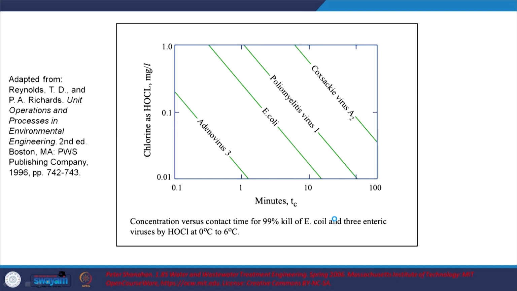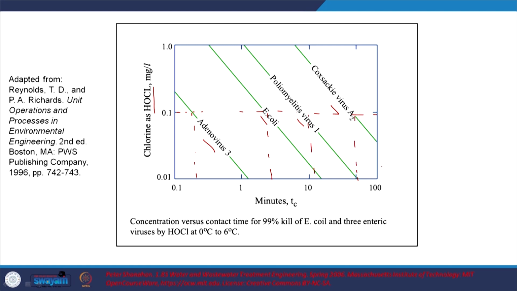So, move on. Here we see the other aspect, where we are just looking at HOCl in the context of its effectiveness against different kinds of pathogens: virus, E. coli, virus. We see that for different types of virus, different contact times are required, and you see that the range is considerable.